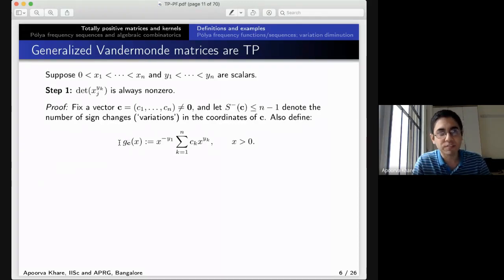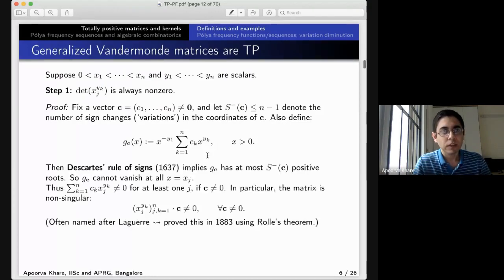Having fixed the vector c, let x vary across the x_j's and more generally across positive real numbers, and look at this function here. Now Descartes' rule of signs, a classical result from 1637, says that this function has at most as many positive roots x as the number of sign changes. So in particular, this function cannot vanish at the n values x_j because they are distinct and positive.